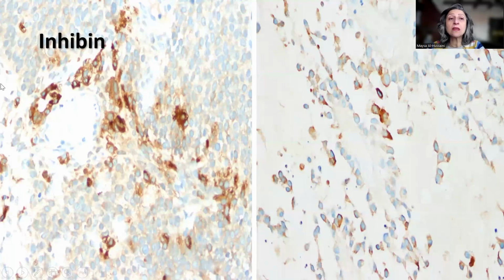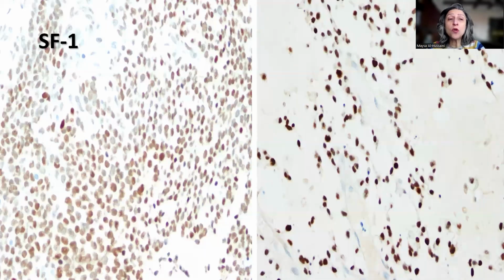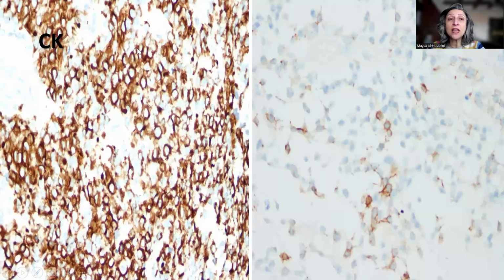And now into immunohistochemistry. Inhibin was positive in both areas. Remember that inhibin sometimes shows only this focal cytoplasmic positivity. It does not show diffuse positivity in a granulosa cell tumor. What is really more useful is the nuclear staining with SF1, where both in the solid areas and in the myxoid areas, almost each and every cell was positive with SF1.